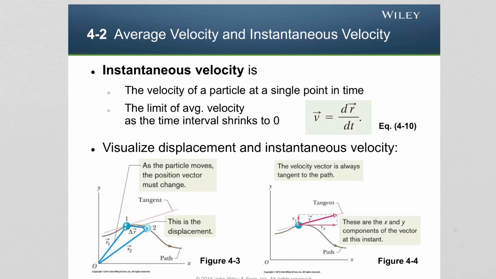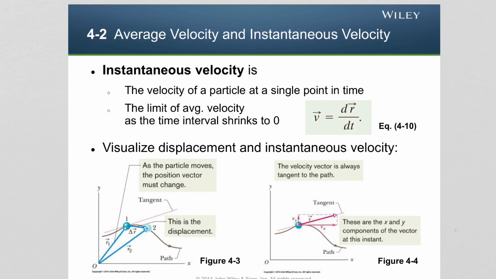Okay, so the instantaneous velocity is the velocity of the particle as it moves along its trajectory at any moment of time. And so at any moment of time, the instantaneous velocity is tangent to the trajectory. Because this is a 2-dimensional motion, the instantaneous velocity has 2 components.